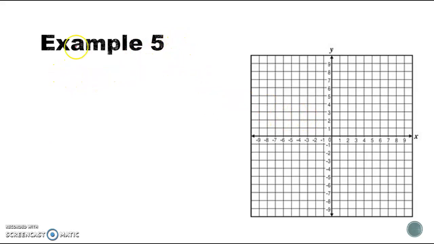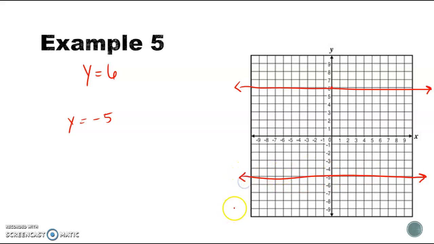So, example 5, if we were to do y equals 6. Then I'm going to go where y is 6, and my line is just a horizontal line where y is 6. Or maybe y equals -5. So then I go where y is -5, and I draw the best horizontal line I can draw where y is -5.